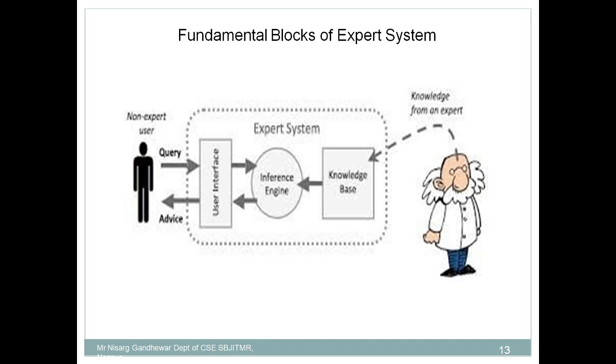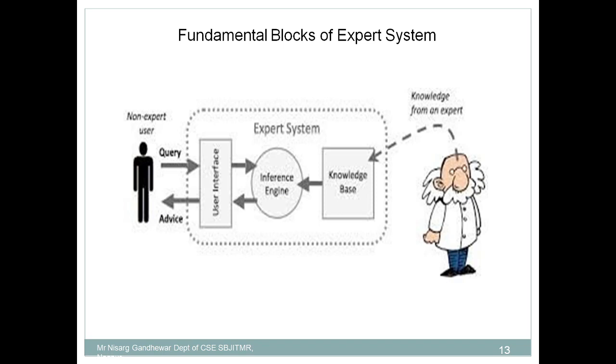Before discussing the steps, first of all we should know the components of an expert system. There are three important components. One is the user interface, which allows a user to interact with the expert system. Then we have the inference engine, which helps us extract knowledge from the knowledge base. The inference engine takes the query as input from the user, formulates the rule, and tries to extract the knowledge from the knowledge base.